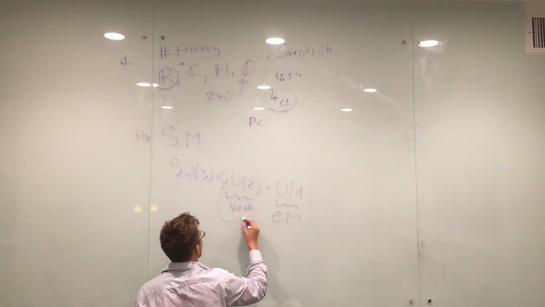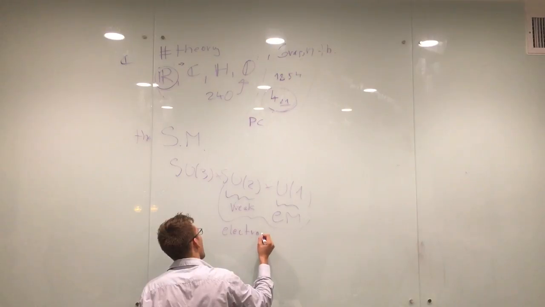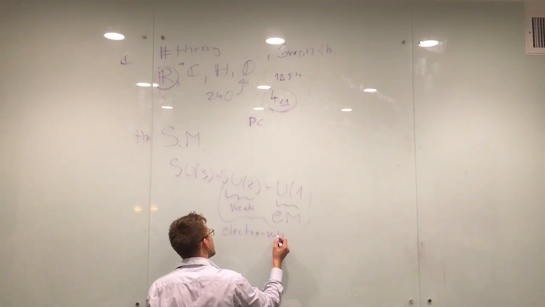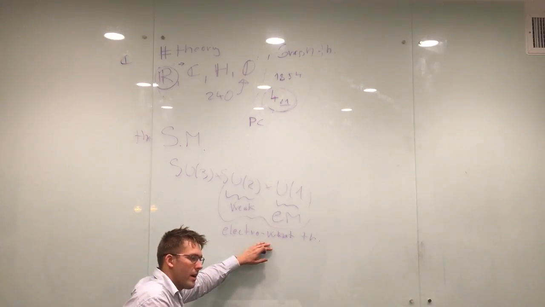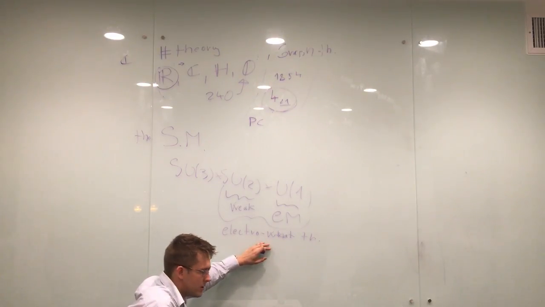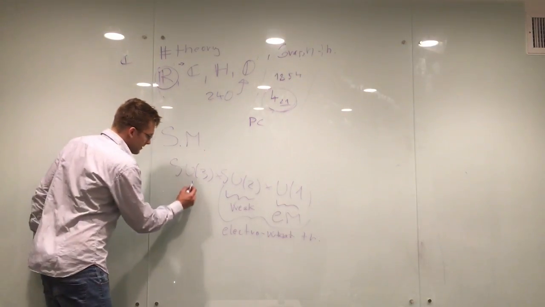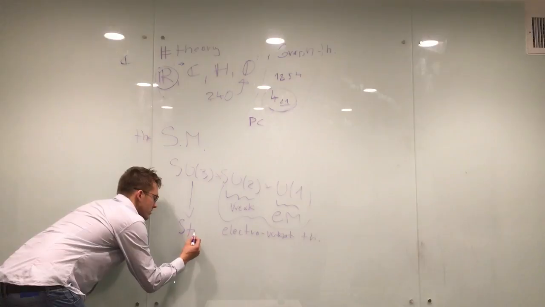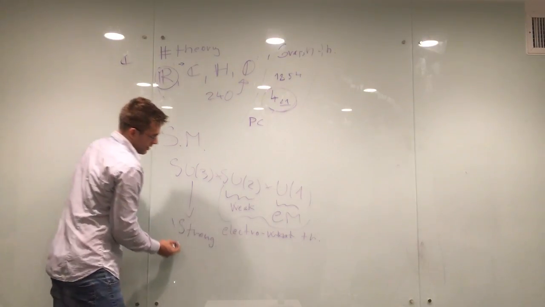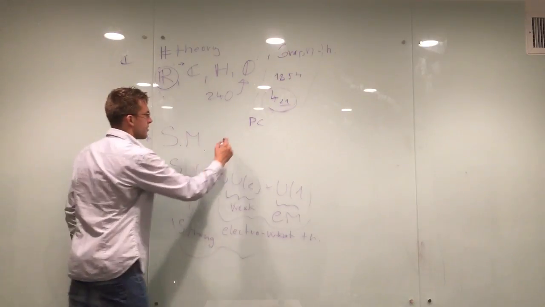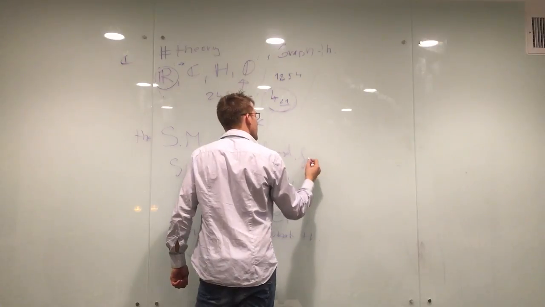Now these two together, let's call them electroweak theory. By the way, written down by Abdus Salam at Imperial College a few decades ago. And now this is the strong nuclear force. Now this together gives us the description of 3 out of 4 fundamental forces.